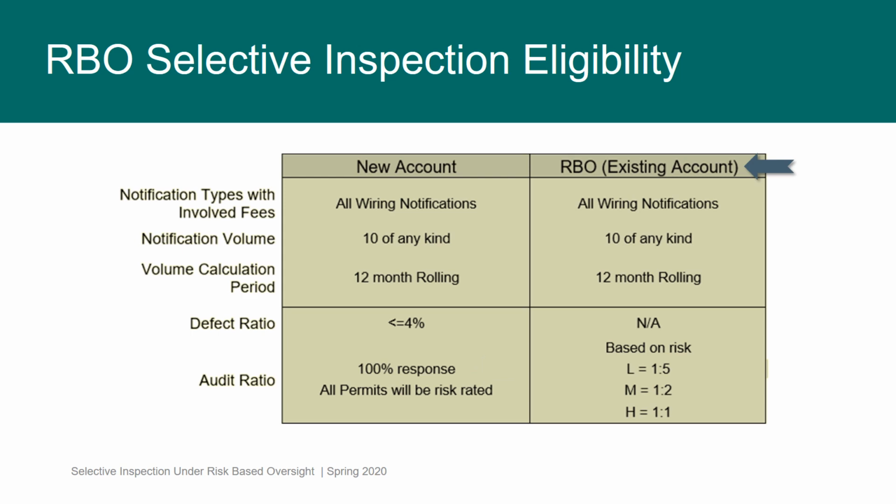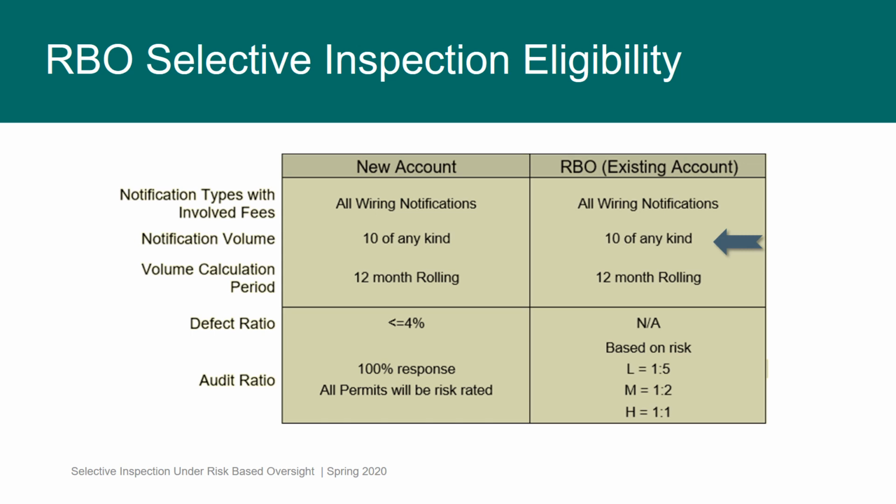Now let's talk about existing accounts. An existing account is an account that opened wiring notifications before RBO was launched. To qualify for selective inspection, you must have at least 10 visited notifications within a 12-month rolling window. Once you qualify for benefits under RBO, the defect ratio is one of 9 attributes used to determine audit ratios.